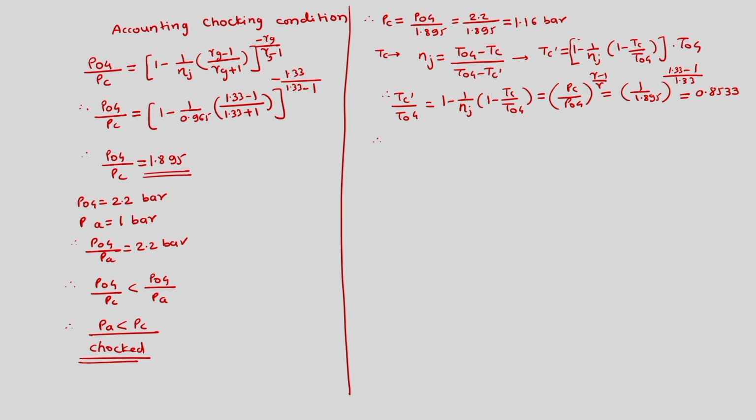And hence using this, that is, knowing the efficiency of the nozzle, we can calculate Tc from here, where we will say that 1 upon Nj into 1 minus Tc upon T04 is equal to 1 minus 0.8533, and this number would be known to us. Putting the value of Nj, we have 1 upon 0.965 into 1 minus Tc divided by T04.